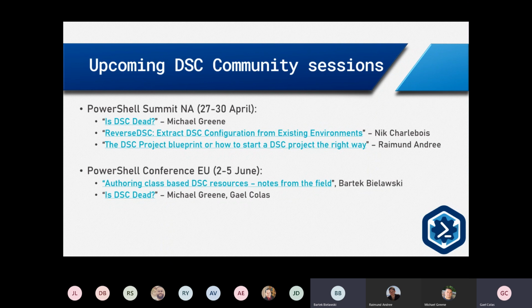It's actually going to be a slight modification of what I did for the PowerShell Saturday in Paris the other day. For those of you that didn't attend, which is probably most of you, the main meat of this one is, at work we use mainly DSC resources. On top of the community DSC resources, we author our own, and we author all of them in classes.